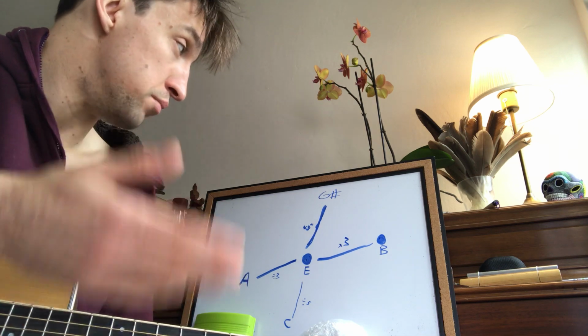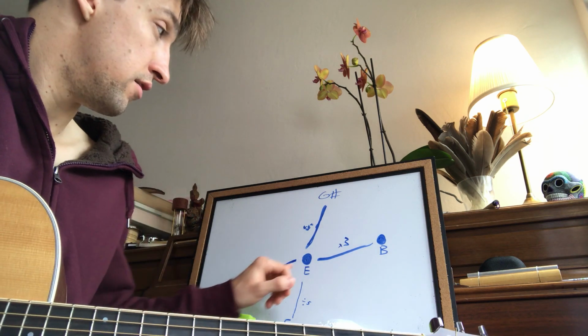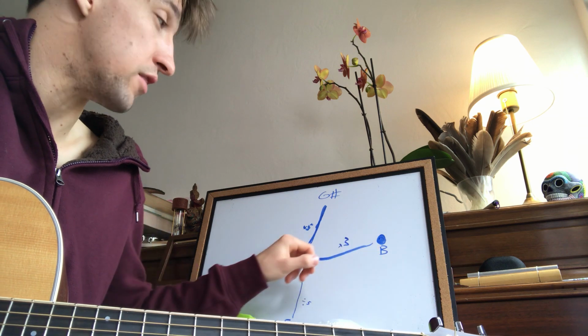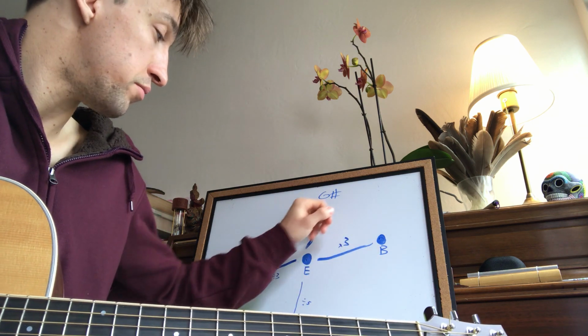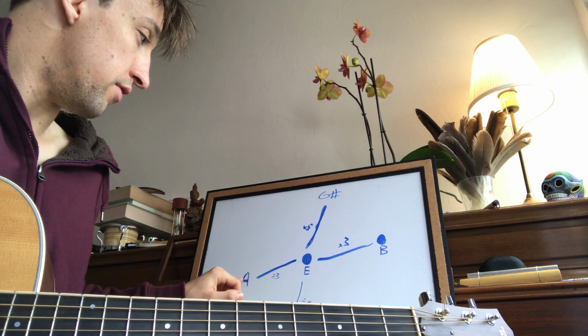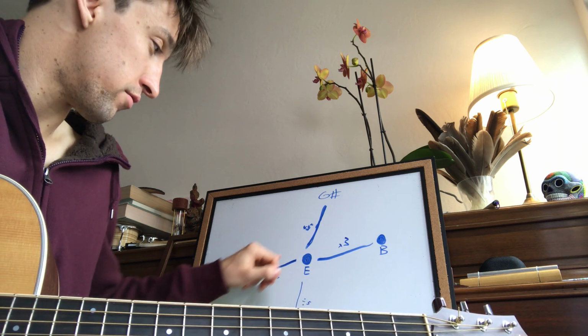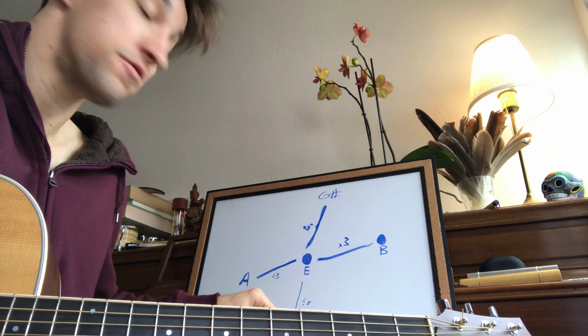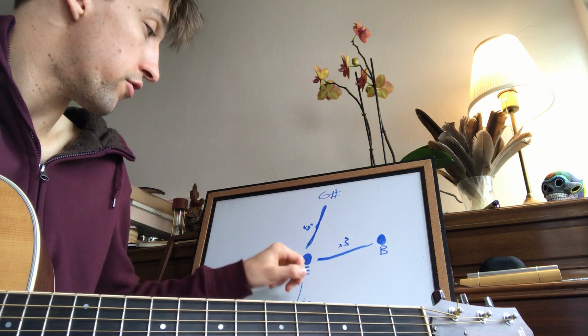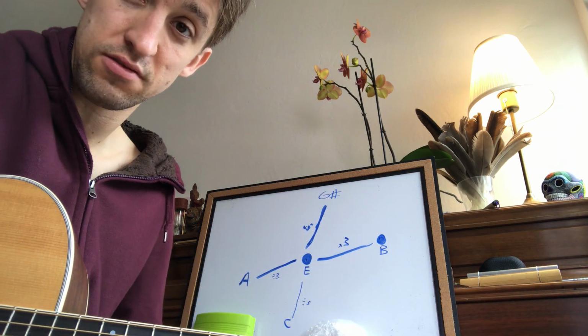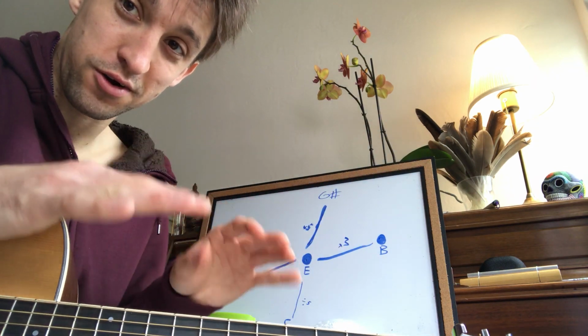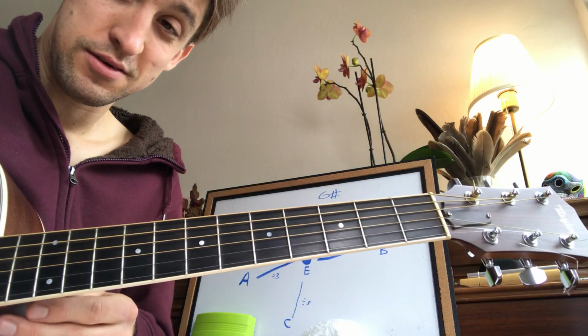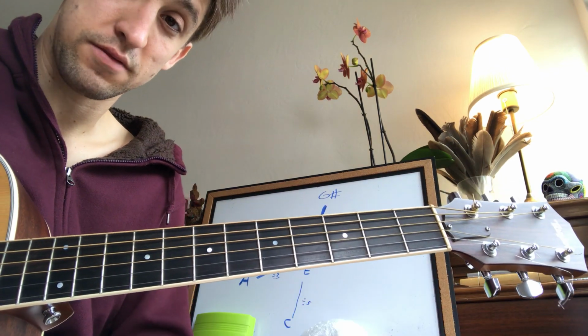E, B, G sharp, A, and C. The fifth, the third, the fourth, and the flat 6, representing the four cardinal directions of harmony. What does that sound like?